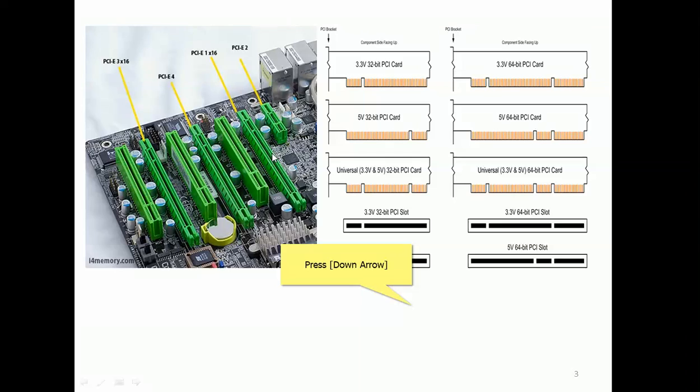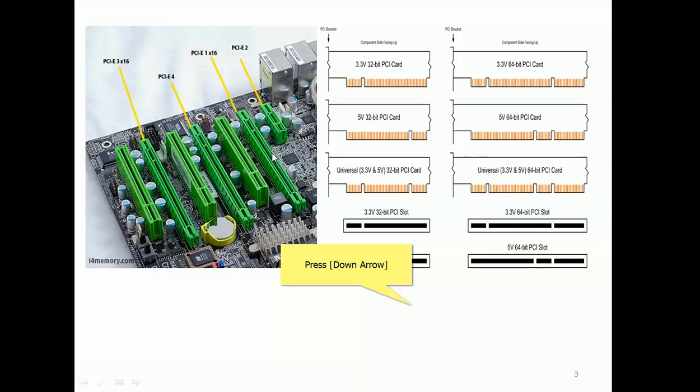There is also a universal card, that is 3.3 and 5 volt 32-bit PCI card. The corresponding slots are facing up, so this will be black, and here we can see one in green color.